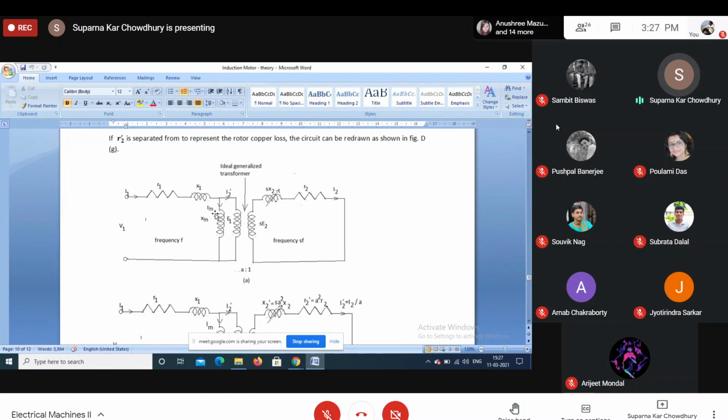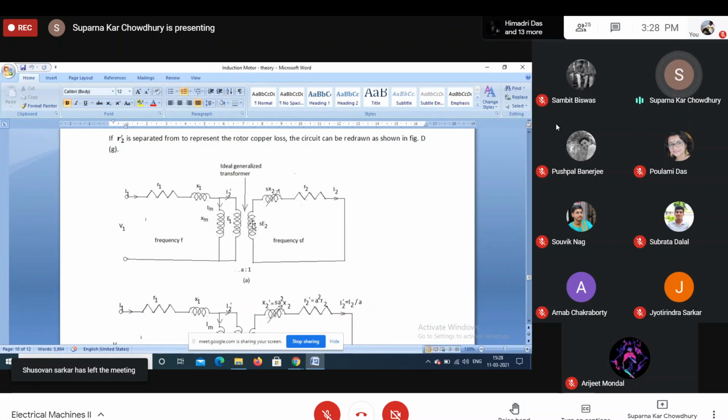So not considering the core loss component of current, if you only consider the magnetizing current, it is lagging E1 by 90 degrees. So this is a pure inductance. So this is a magnetizing reactance in parallel, and this is the primary coil. So this is E1.